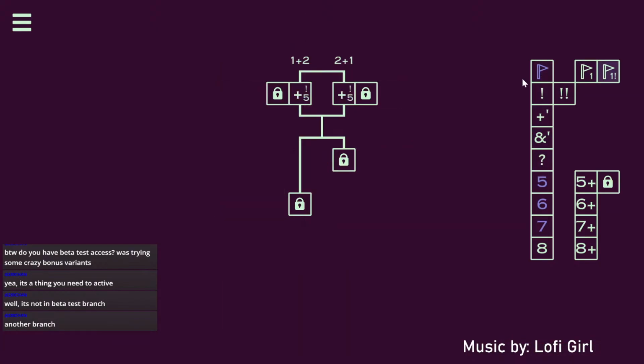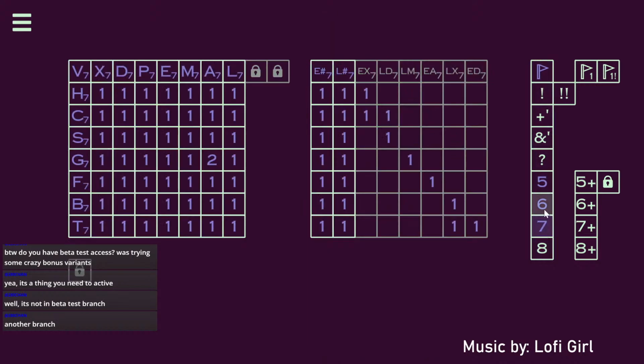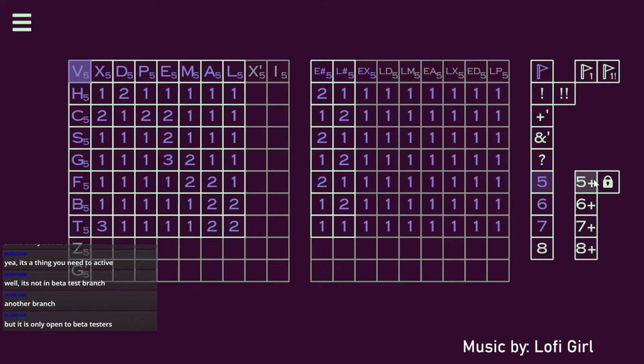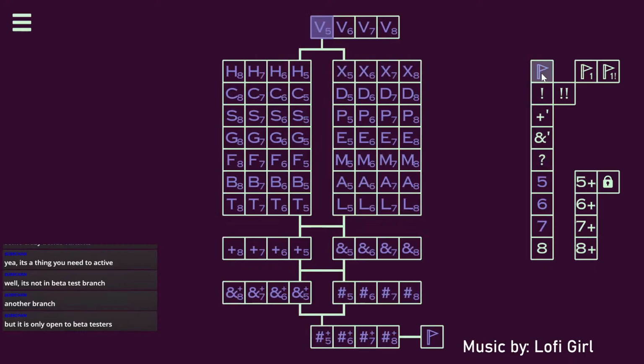Where do I find these extra variants? Don't see them yet. Do I gotta unlock them somewhere? I might have to.